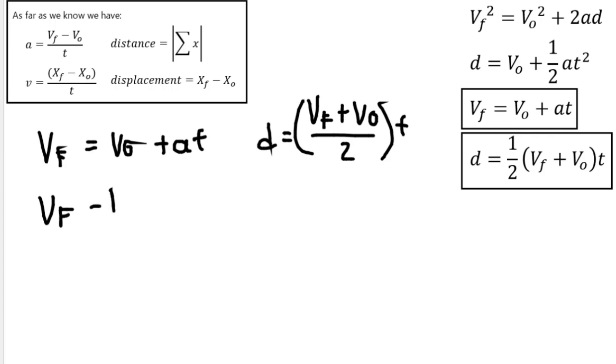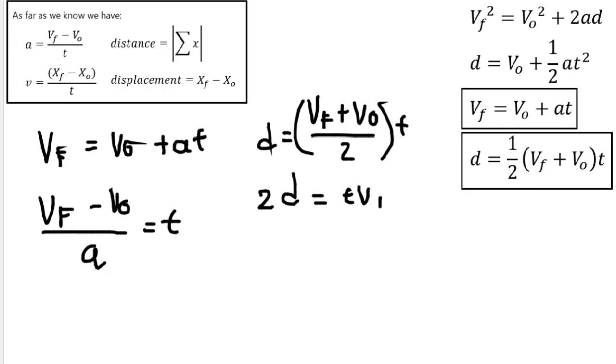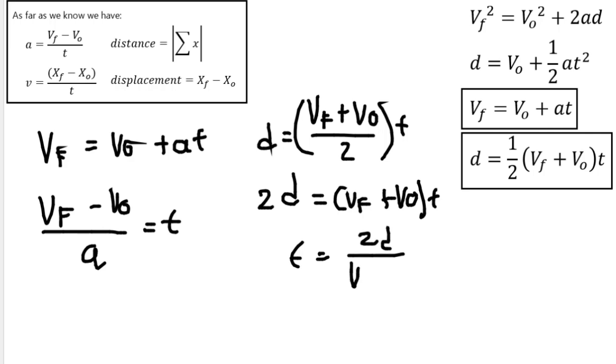Now what we can do here is solve for the time. We will get this on the left one. And for this one, we're going to solve for the time, multiplying both sides by 2, and then dividing both sides by V final plus V initial.